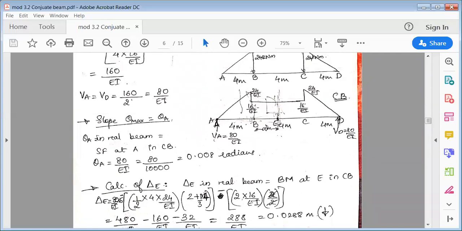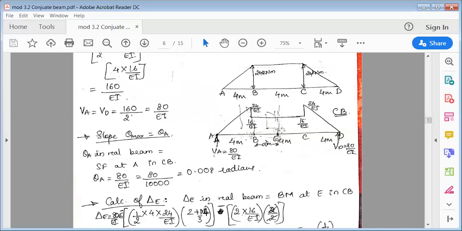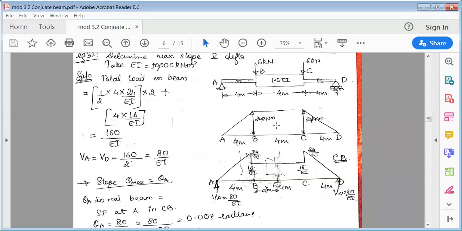Next, now see here, at B and C there are loads acting, of course. And what we'll do here is, because it is exactly at the center, see here, exactly at the center is 6 meter. Half of 4 is 6, up to this, from 4 plus 2, exactly at 6 meter from the left end.